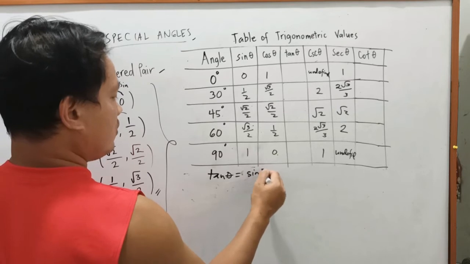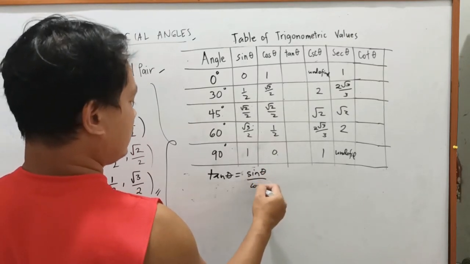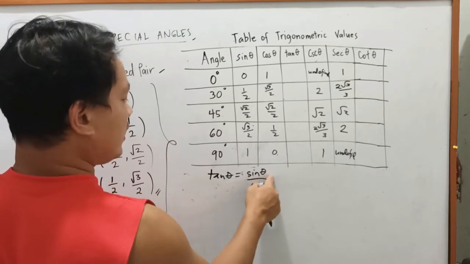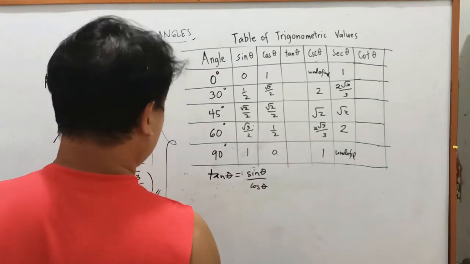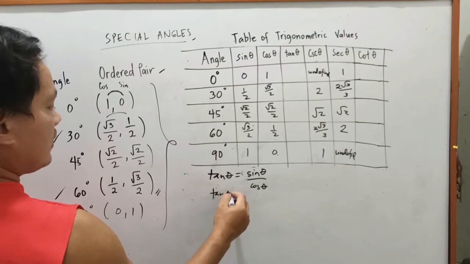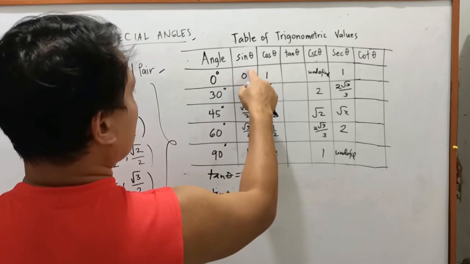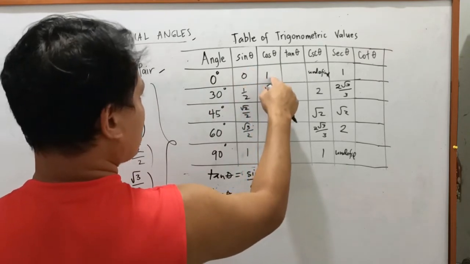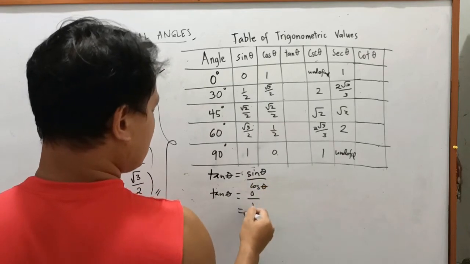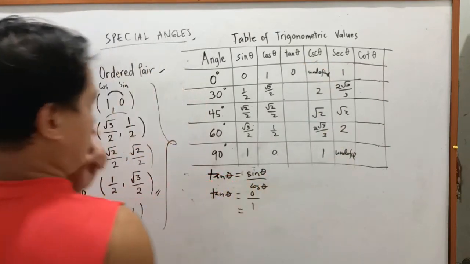We all know that tangent theta is equal to sine theta over cosine theta. Now, we're going to simplify tangent theta. Let's start with the 0 degrees. Sine theta divided by cosine theta, 0 divided by 1. 0 divided by 1 is 0. Therefore, the tangent theta is 0.